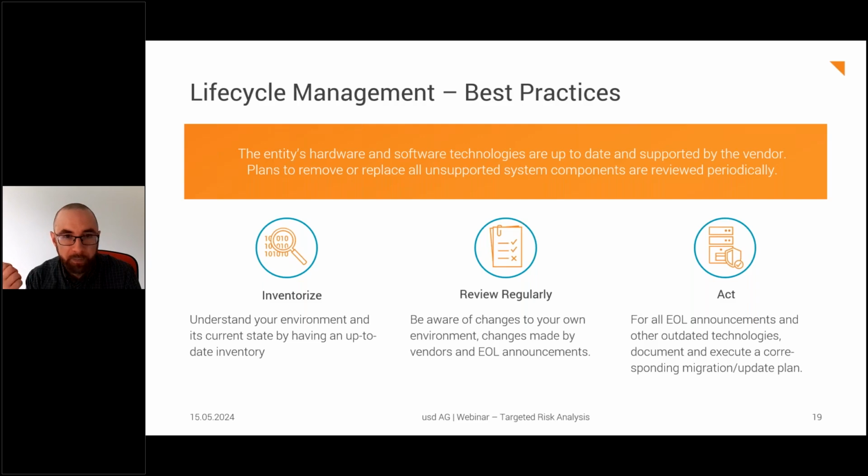And in the next step, you want to have a review of your inventory and find out where there have been end-of-life announcements or similar announcements by vendors or by regulatory bodies that say that, for example, your operating system version is only supported for the next 3 years.